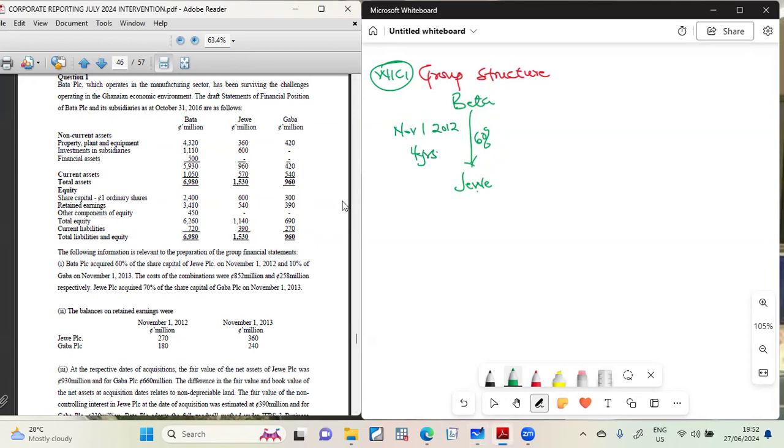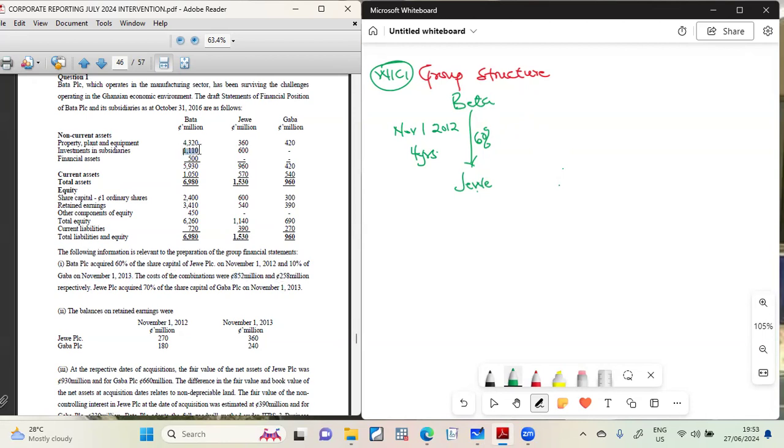Please do write it. Not only that, they said that Better also acquired 10% of GABA. So it means we need to draw GABA somewhere. But hold on, because you may be tempted to draw it like this and put GABA here. But finish reading your question first. 10% on this one, and you have been given the cost of purchase for the two, this one and this one.